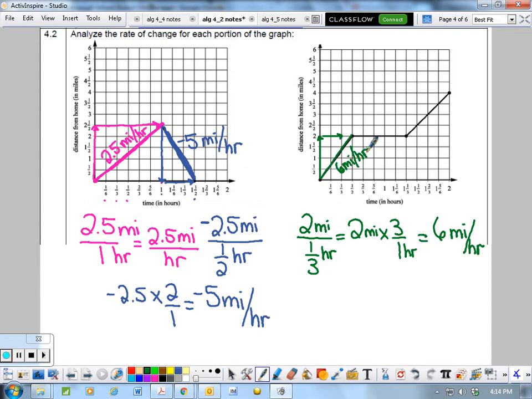Okay, so now we're going to look at another part, in a color we haven't used yet. For this portion, we look at our rise, and our rise is 0. And our run is, let's see, I'm just going to go ahead and count parts: 1, 2, 3, 4, 5. 5 parts is really 50 minutes out of 1 hour.